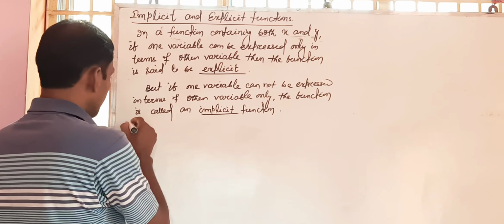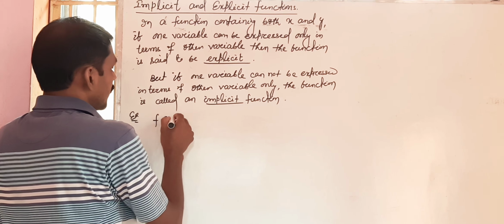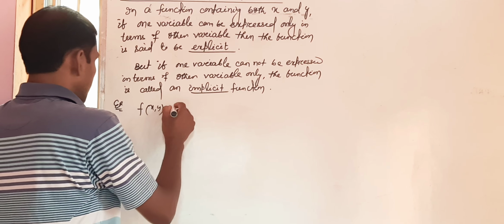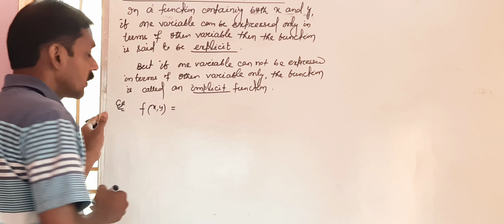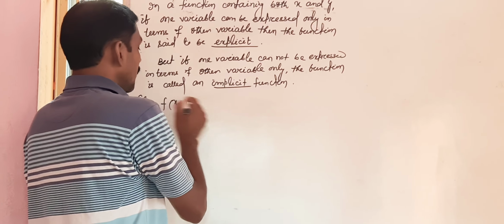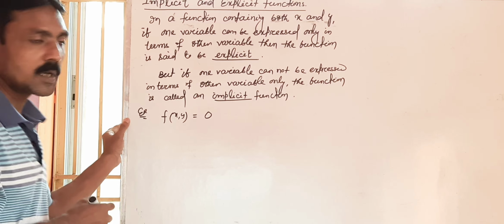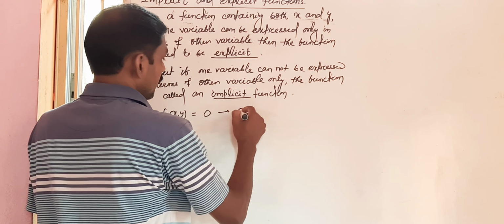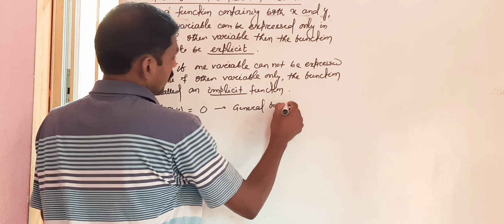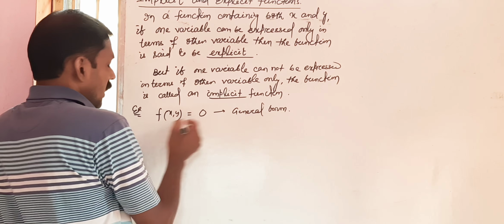For example, it is always in the form of f of x, y equal to 0. This is the general form of this function.